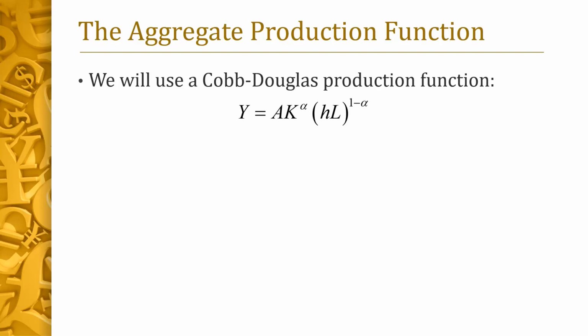Next, economists combine these inputs in what is called an aggregate production function. We will work with the Cobb-Douglas production function that is depicted on the slide. In this function, output Y is written as the product of three terms. It is convenient to begin with the second term. This term is physical capital K raised to a power alpha.